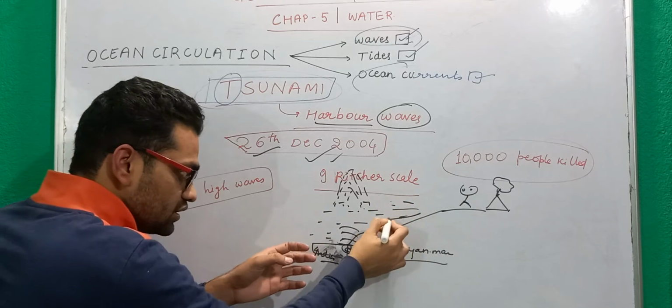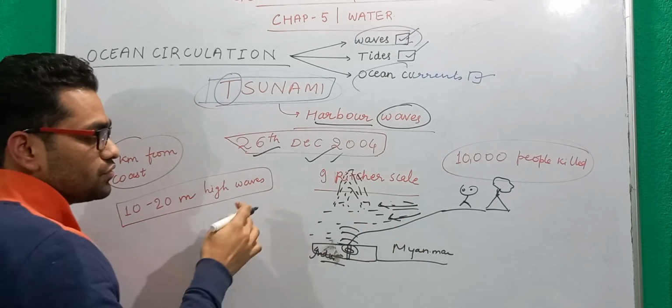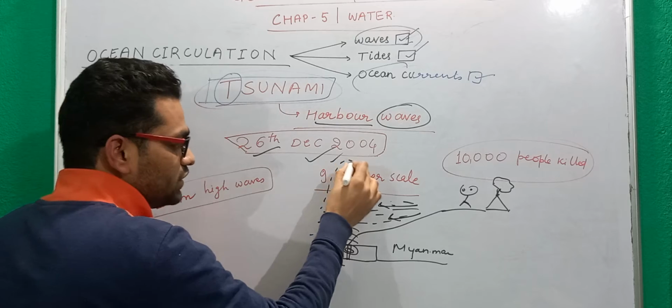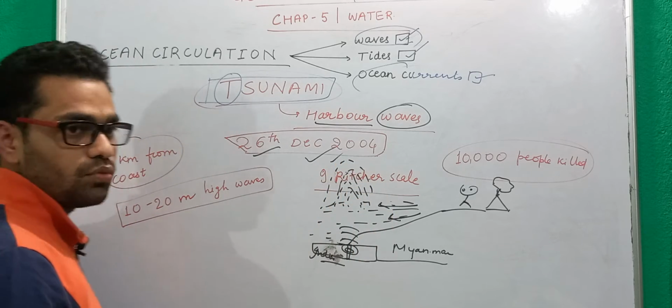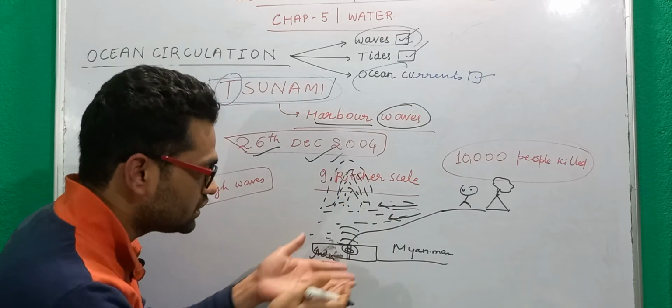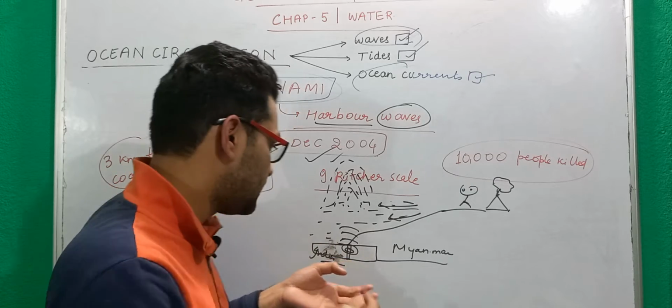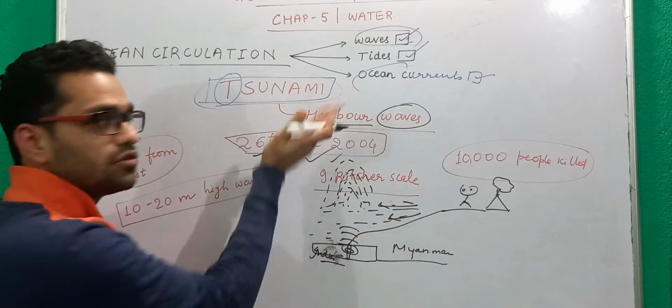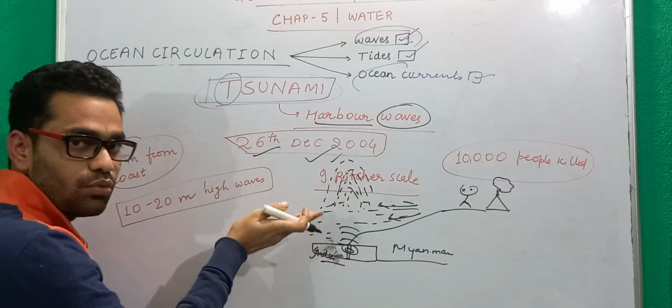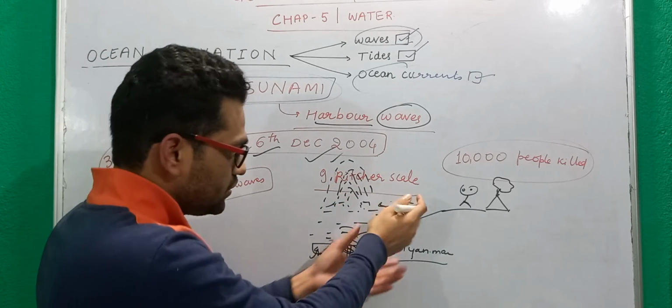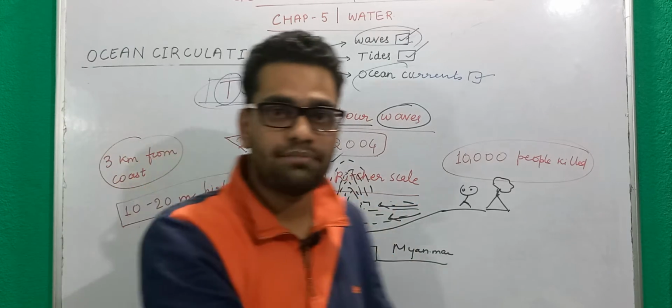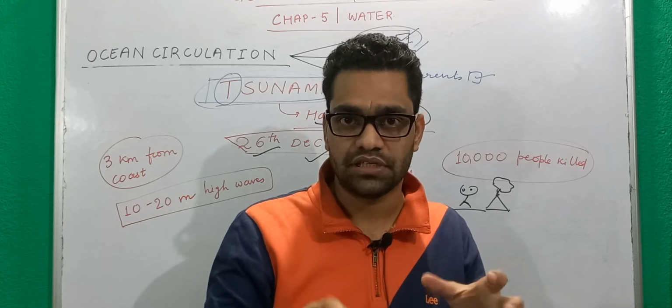Water was moving away from the coast in this direction, and water was uplifting here. So the plate is going beneath the Myanmar plate, the earthquake is causing this uplift of water, and the coastal water is withdrawing.